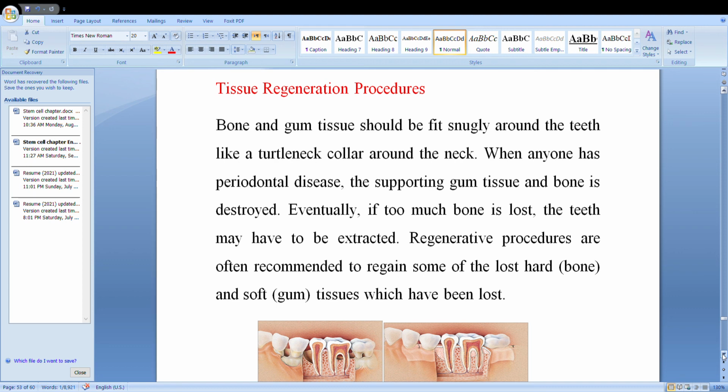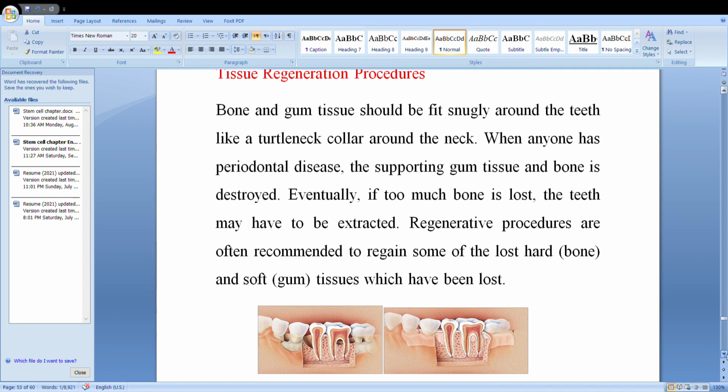When anyone has periodontal disease, the supporting gum tissues and bones are destroyed. Eventually, if too much bone is lost, the teeth may have to be extracted. Regenerative procedures are often recommended to regain some of the lost hard bone or soft gum tissue. Here we can see they did this research work.